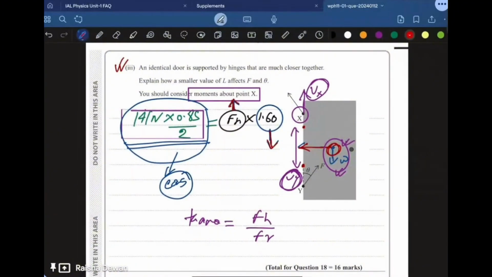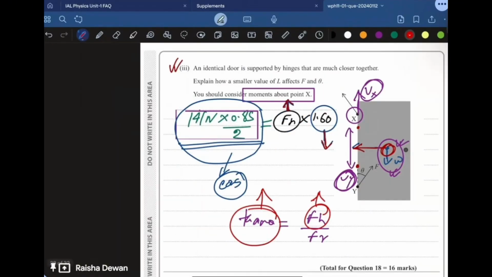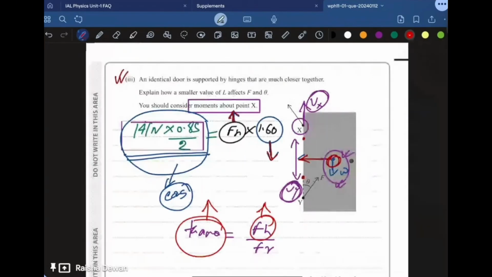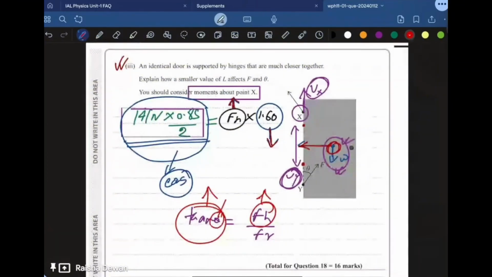If our fh increases, then our tan theta is also increasing, right? So we can say our theta value is also increasing, because our fv value is constant.